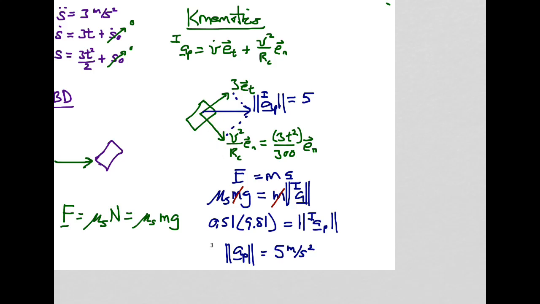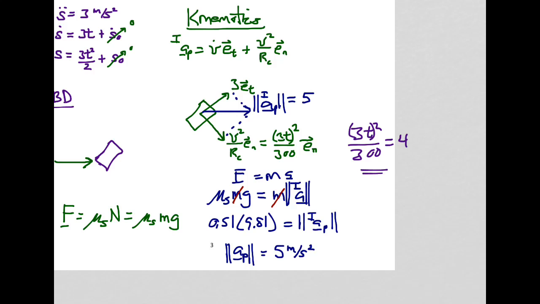So we can easily take this expression and say 3t squared. I believe that's incorrect. I think it's 3t, the quantity squared. Let's get that right. So 3t quantity squared divided by 300 is equal to 4.